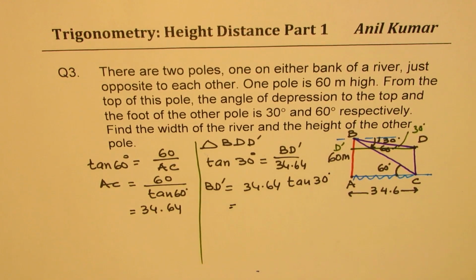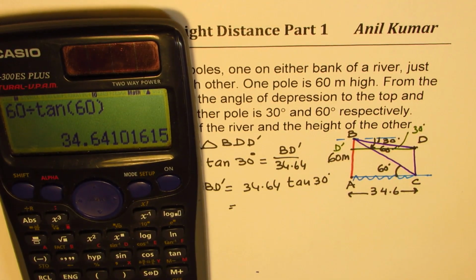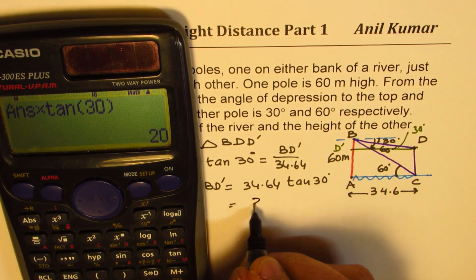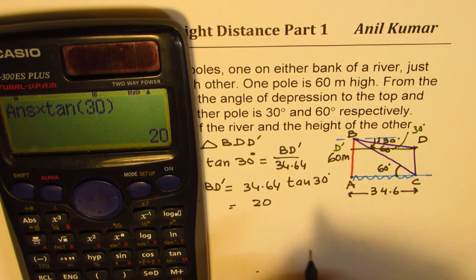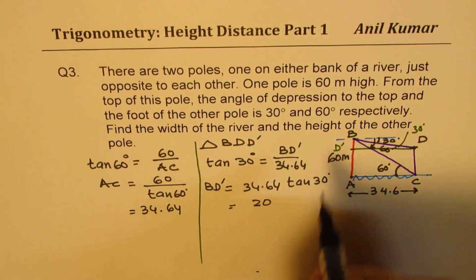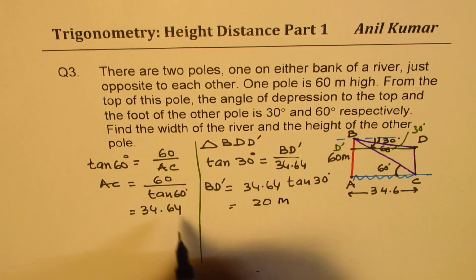Correct? So let's calculate. So we already have 34.64 in the calculator. We'll multiply this by tan of 30 degrees. Right? So it is good to keep these values in the calculator since it saves time. Do you see that? So we get 20. So this B to D dash is 20 meters, correct?